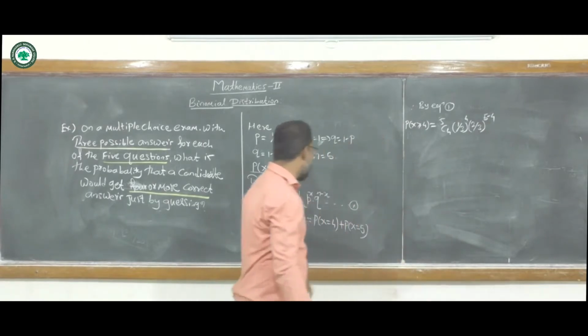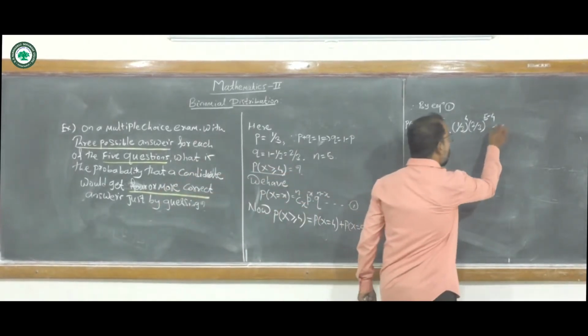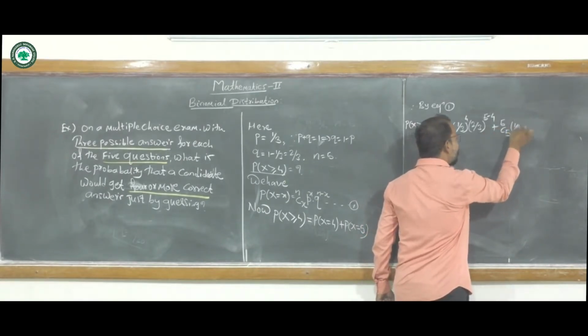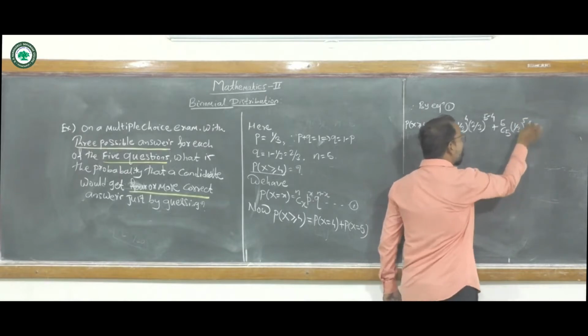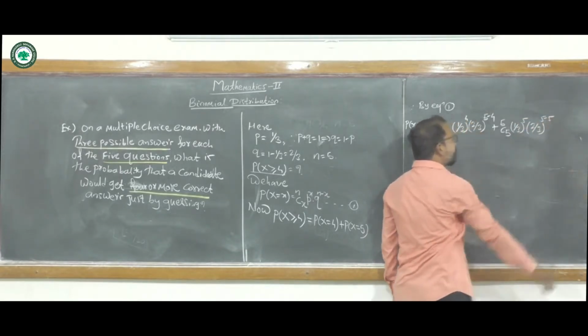This is the value for x equals 4. Now plus 5C5 (1 by 3) raised to 5 into (2 by 3) raised to 5 minus 5.